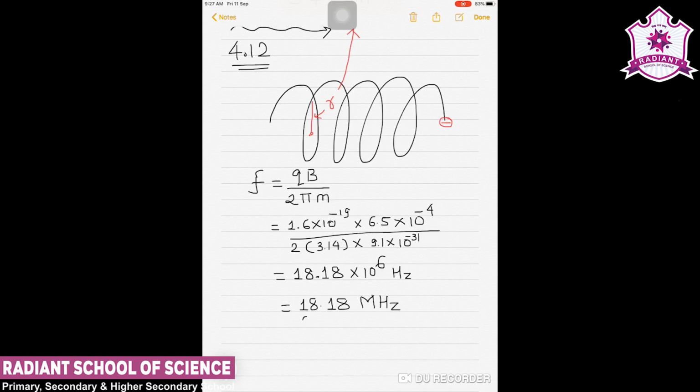This is the answer of question number 12. Another question is also asked there: does the answer depend on the speed of the electron? We can simply say that in this equation there is no speed term, and therefore it does not depend on the speed of the electron, as asked in the question.